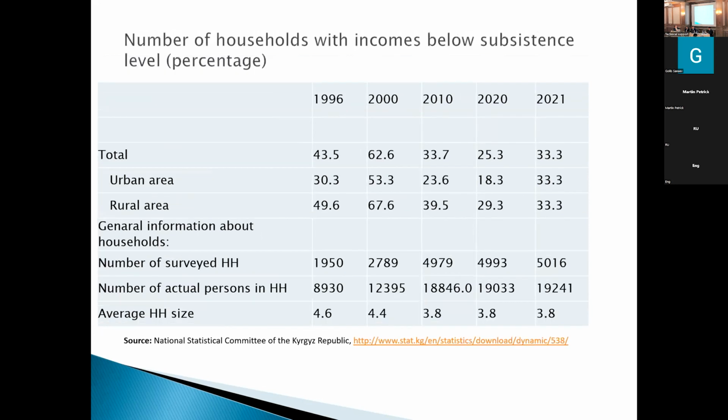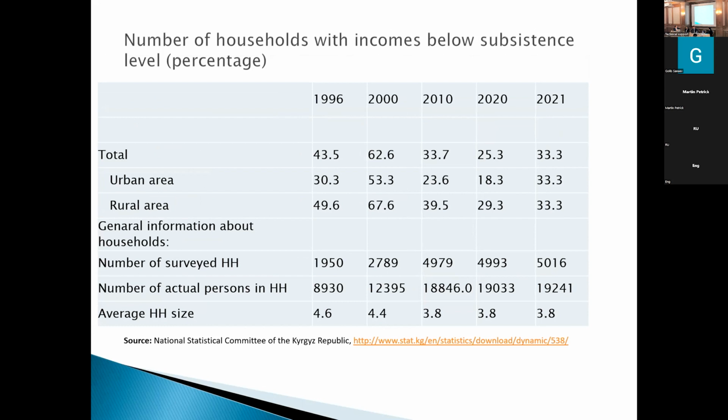Here we can see the number of households with incomes below the subsistence level, and from here we can say that somehow the poverty level also decreased.